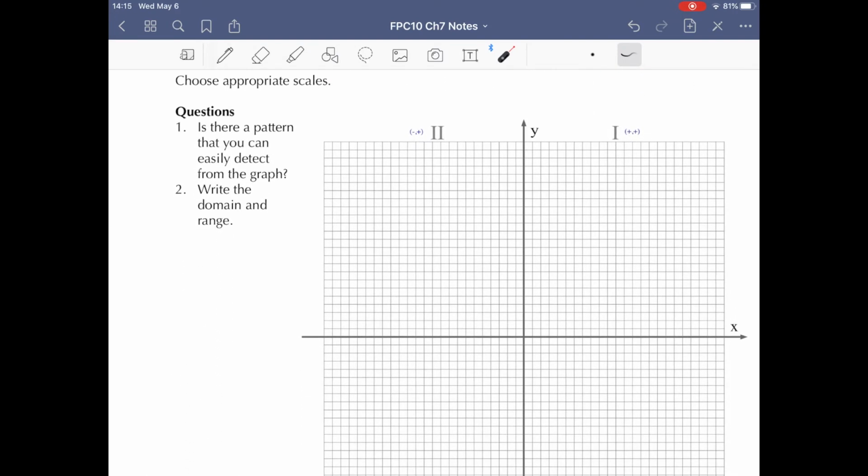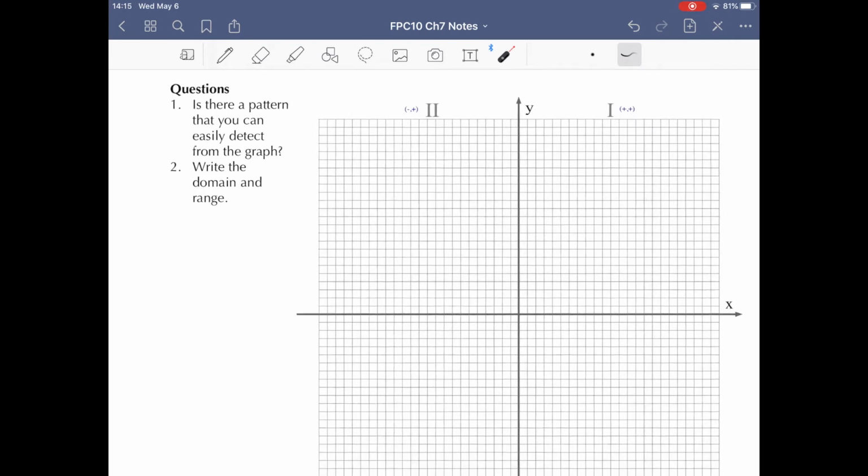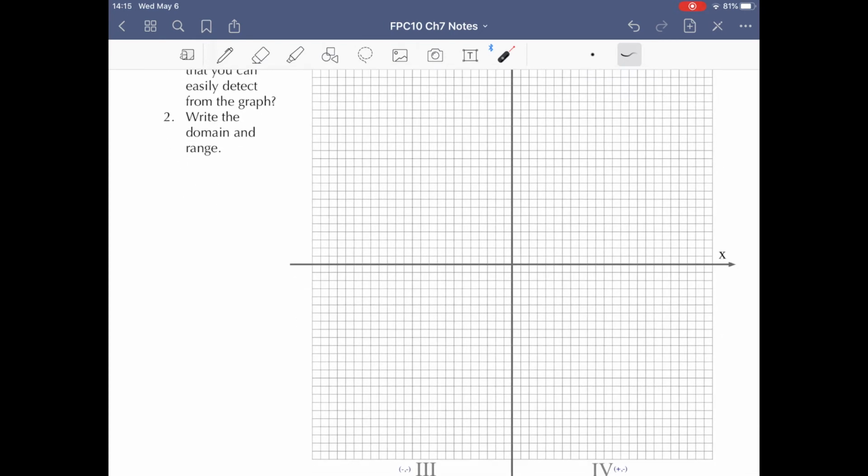All right, so we need some scales. Okay, first thing, we need x scales. So we're going up by 30s. So I'm going to put 3 squares. Every 3 squares is 30. So there's 30, 60, 90, 120, 150, 180.